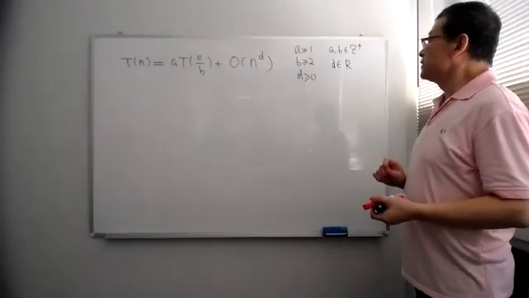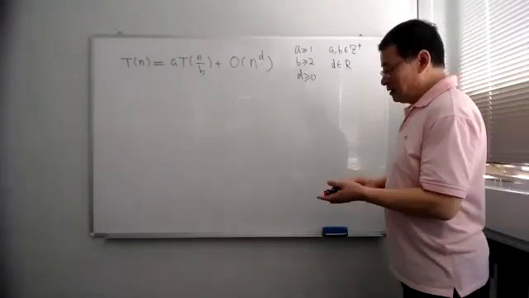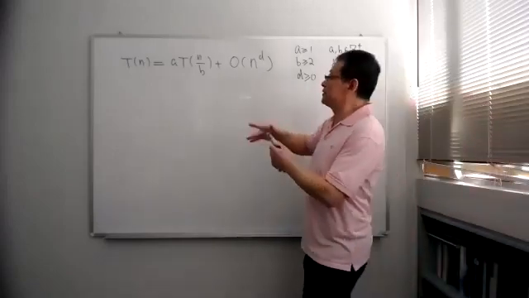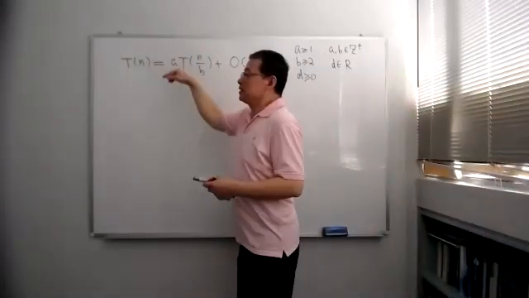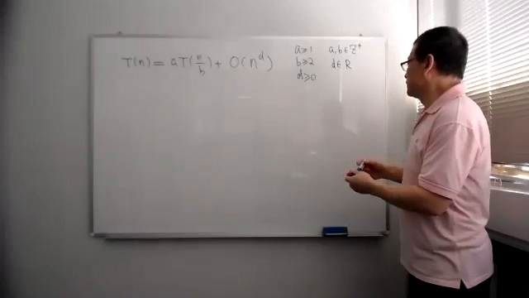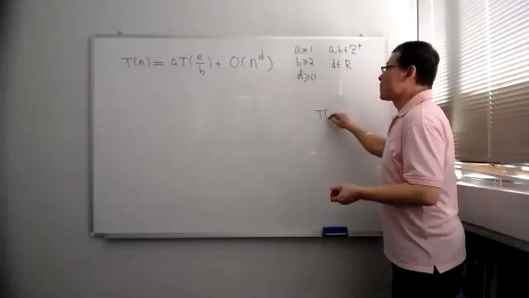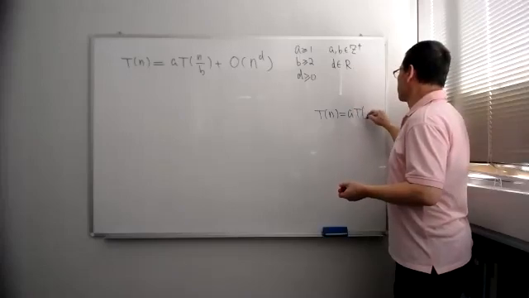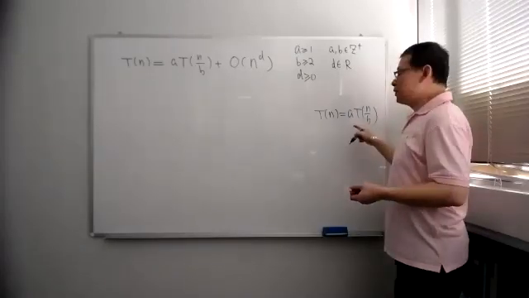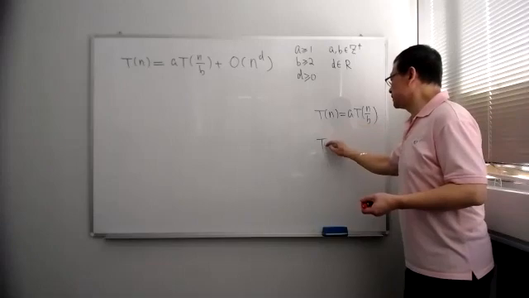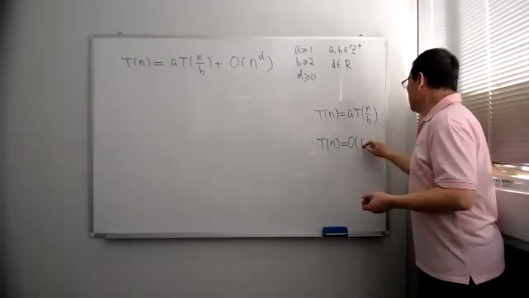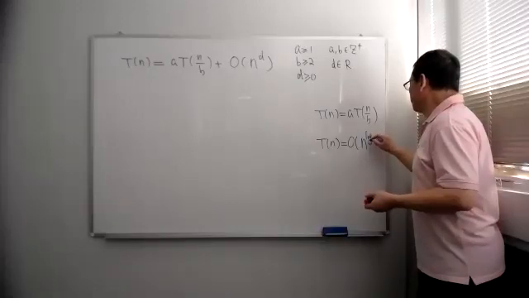Okay, let's go back to the solution of this part. Let me write it down again. If we just have this part, then as we discussed earlier, the solution will be order n to the power log d.